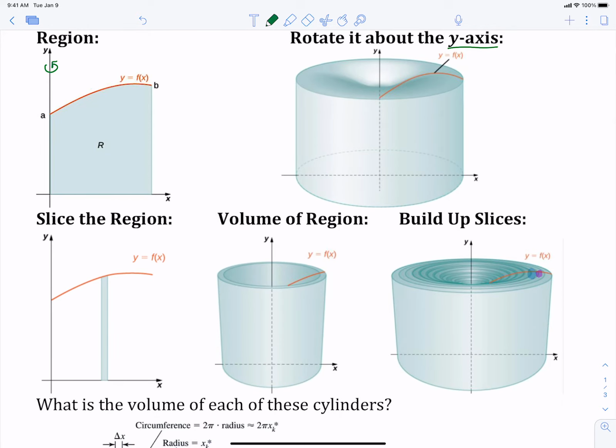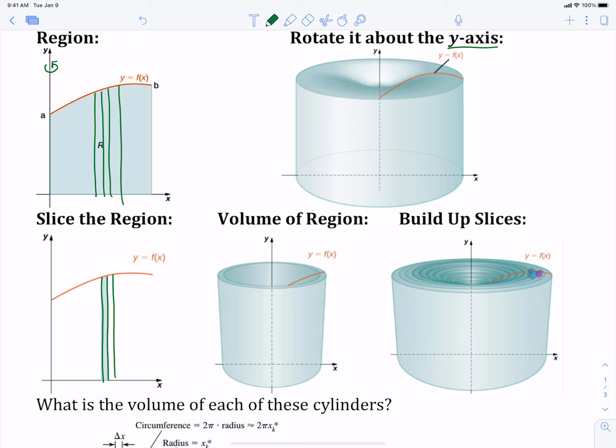So the way that we're going to find the volume of this, instead of slicing it, we're going to take a look at slicing up the region itself like this into strips. So the idea is we're up here in this region and we're going to cut it into strips.